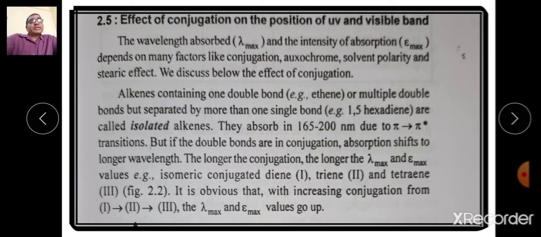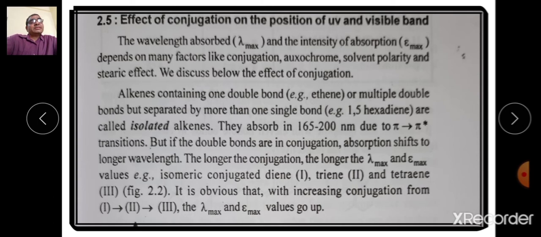If there is a diene, a triene and a tetraene, yes, we will observe this. And what is the effect? With increasing conjugation from 1 to 2 to 3, the lambda max value also goes on increasing.